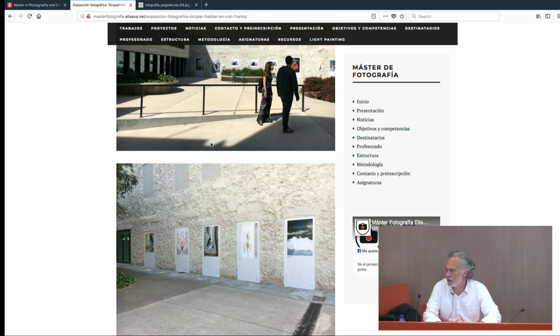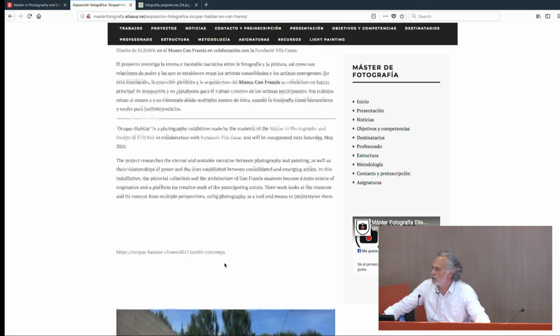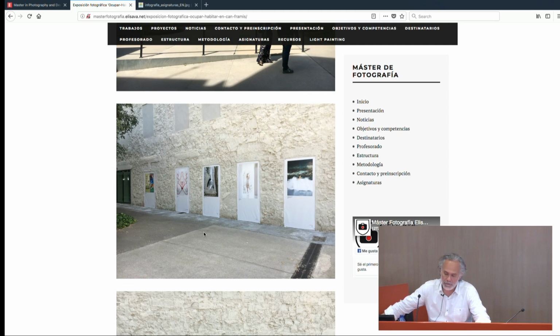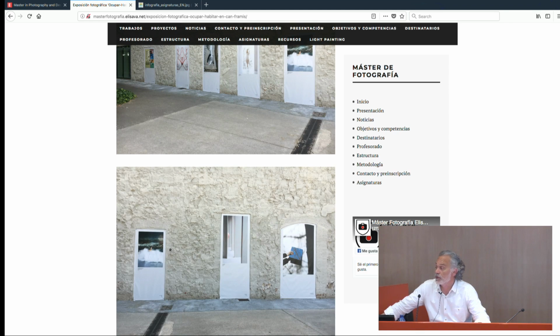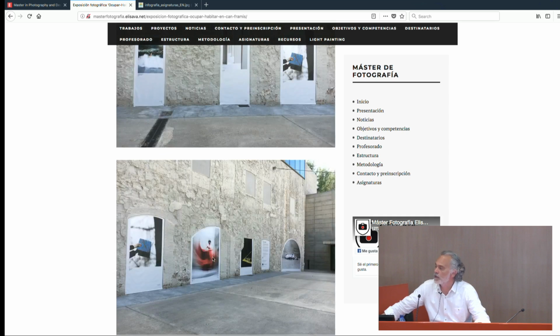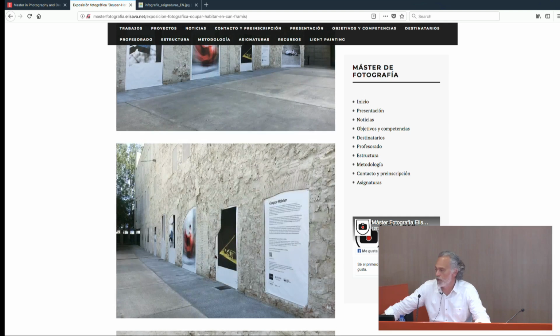And we do this collaboration with our students, and we use the walls outside of the museum, in Poblenou, as frames. These are windows which are closed, and we use these windows as frames, putting in each of these windows the work of one student.